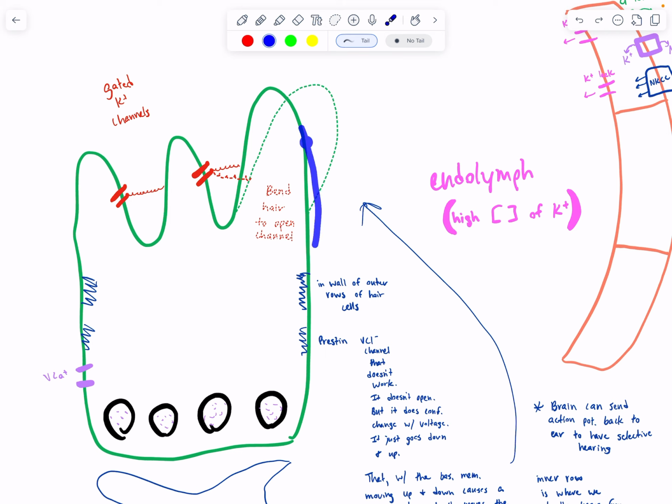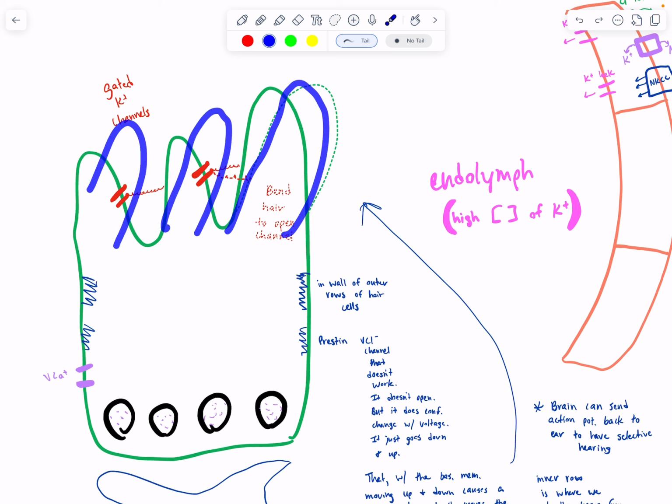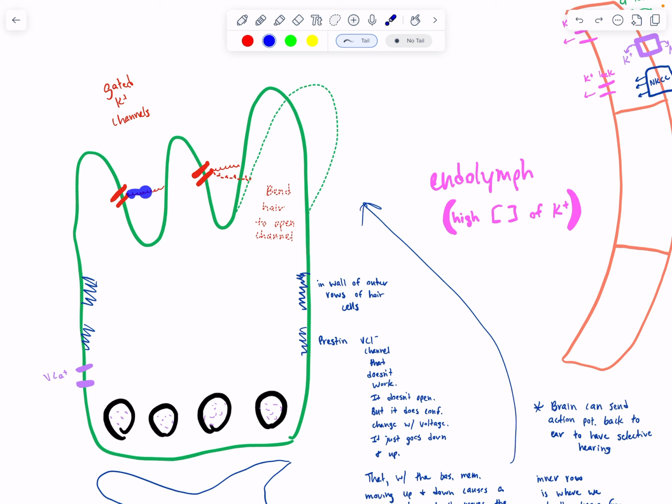These hair cells have little hairs, and when they vibrate and bend, they're mechanically attached to potassium channels, which open.